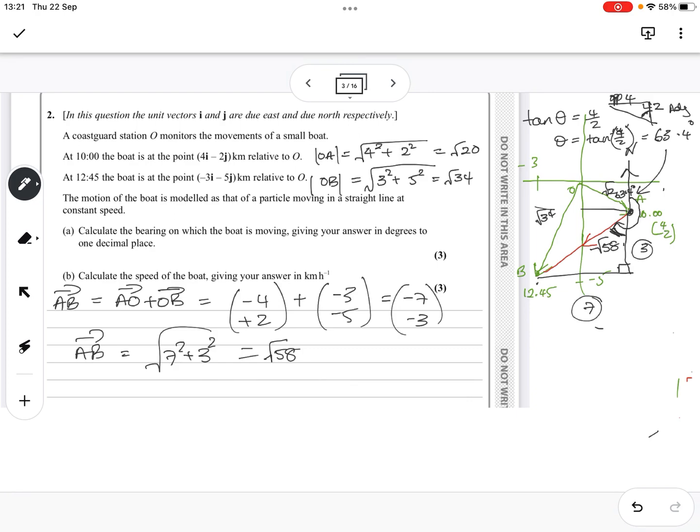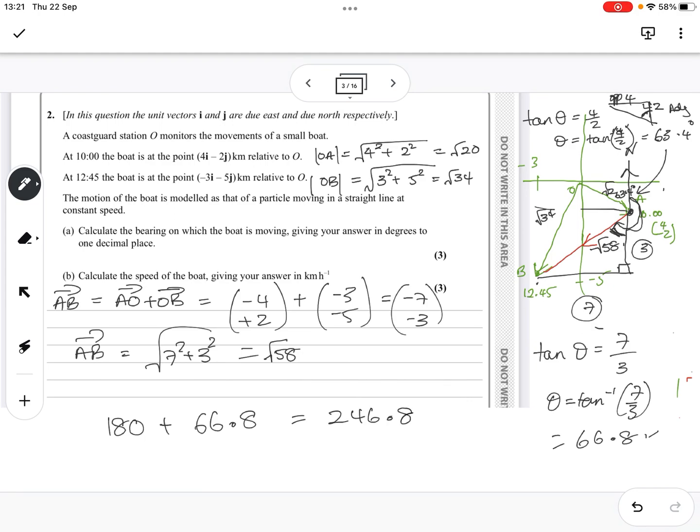So again, it's tan. Yes, it is, because it's opposite and adjacent. The opposite is 7, the adjacent is 3, so tan to the -1 of 7 over 3 gives me 66.8. Then given that's 180, I reckon it's just 180 plus 66.8, which is 246.8 degrees.